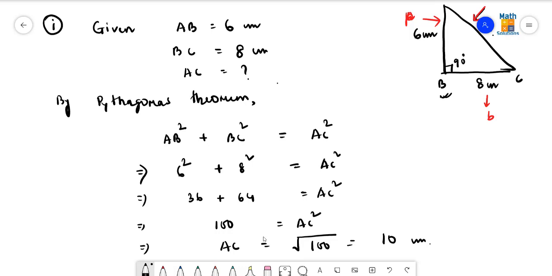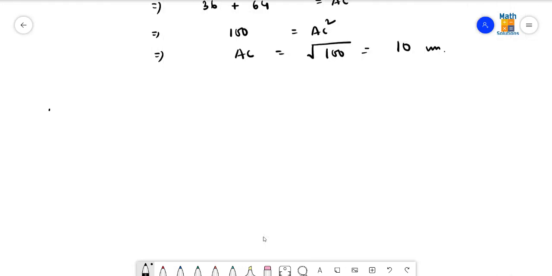Similarly, the other question can also be done. This is Roman 2. Let's draw the figure here. This is A, B and C. So B is 90 degree here. We got AC as 13 centimeter.